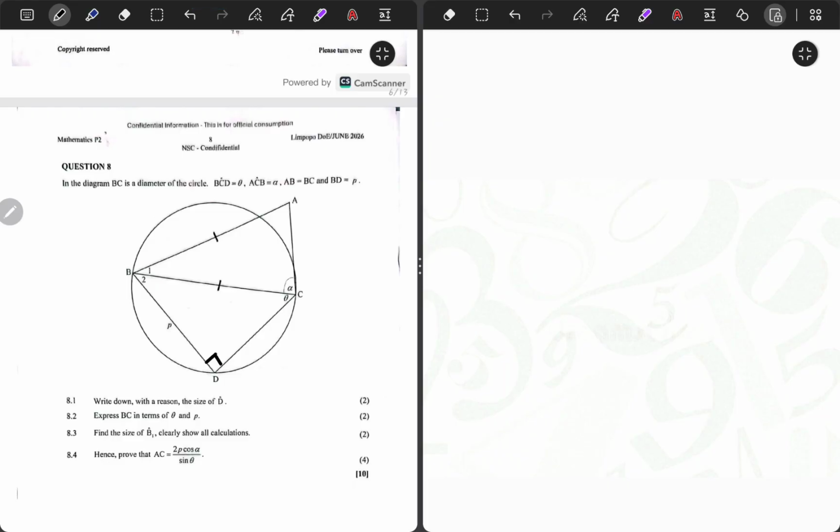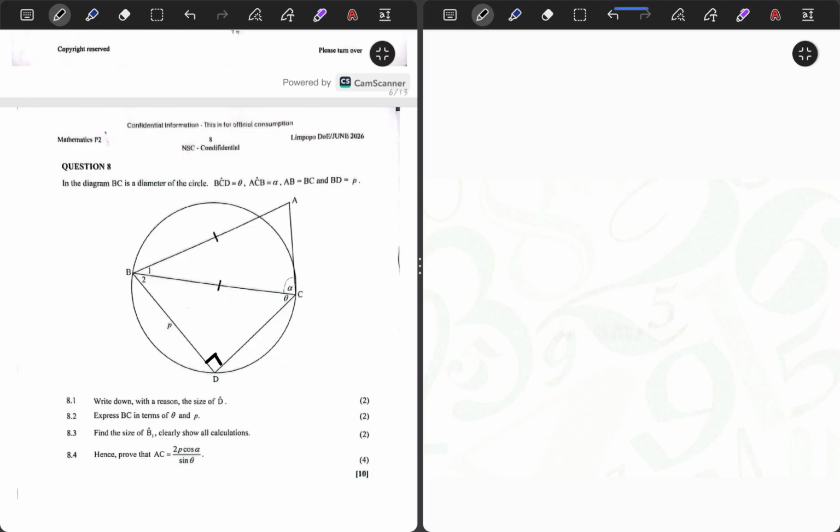Then we are given that angle BCD is theta, angle ACB is alpha, and AB equals BC, whilst the length of BD is given by P. So we need to provide the answers to these 4 questions, as you can see.